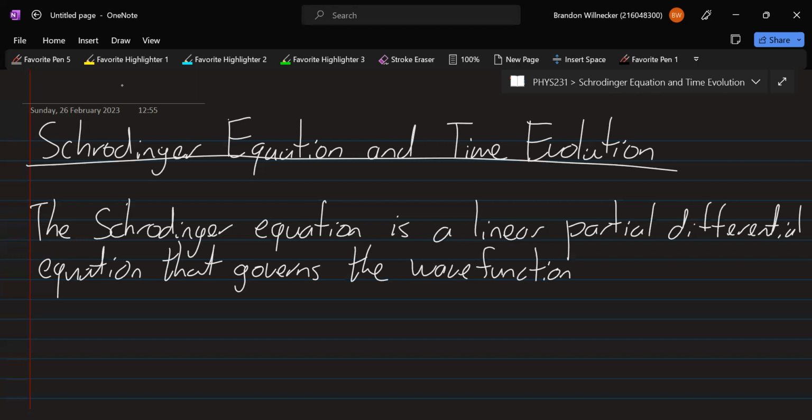When I say wave function, previously I called that the state vector. So that's the same thing. It just depends on your perspective of the situation.